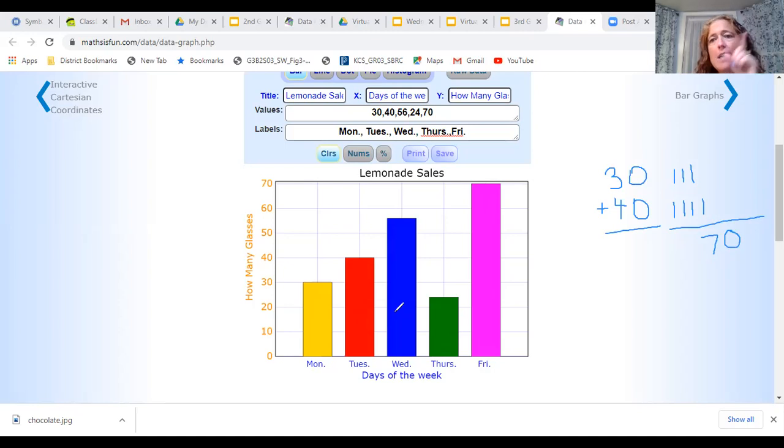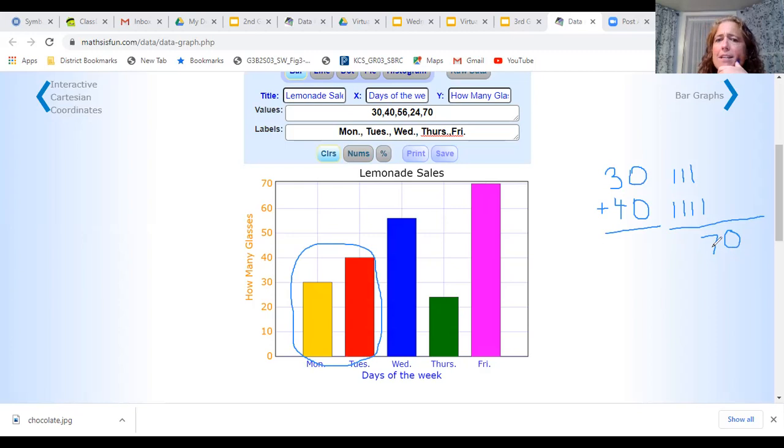So the first thing we have to do is take these two amounts and add them together, because it said, did they sell more on Monday and Tuesday or Wednesday? And when we added those together over here, we got 70.